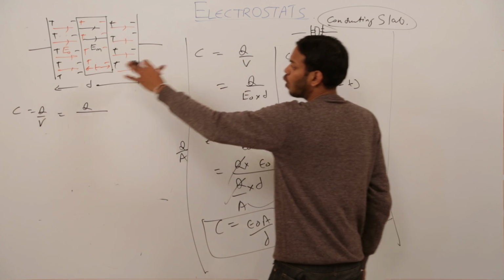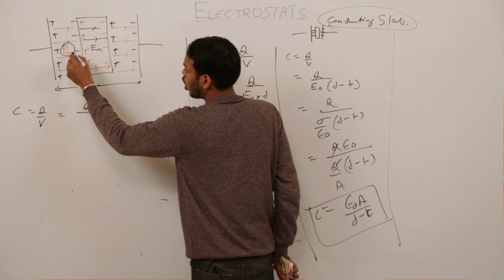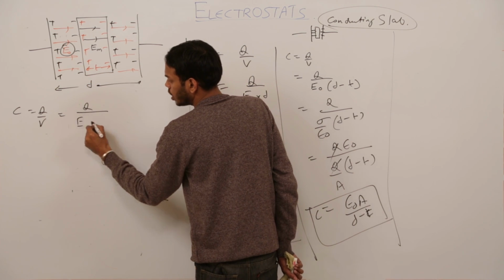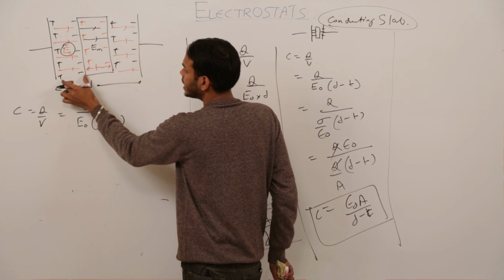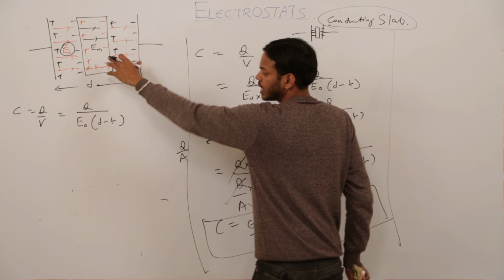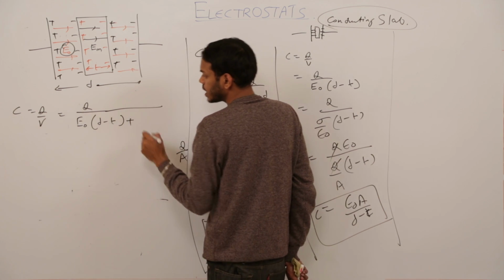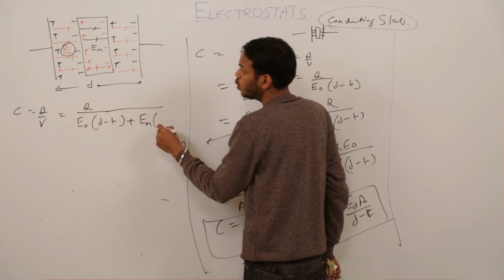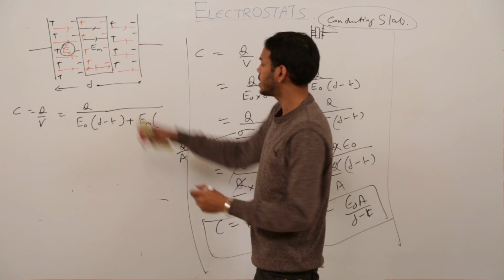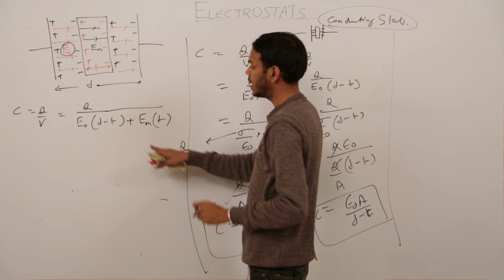Which electric field into what distance? I'll be taking this E naught into distance d minus t, right? This electric field is here and here, that means d minus t, plus this electric field which is in this medium into the thickness t up to which this electric field exists.